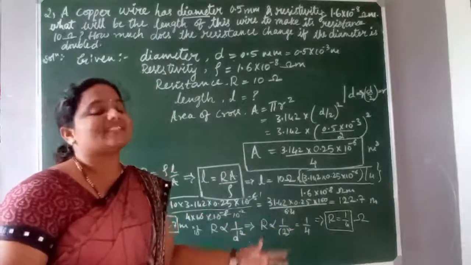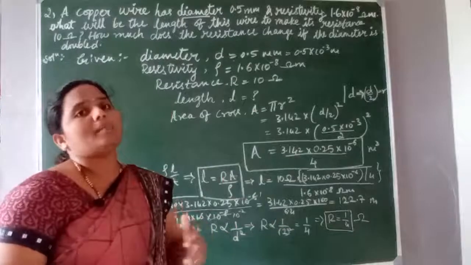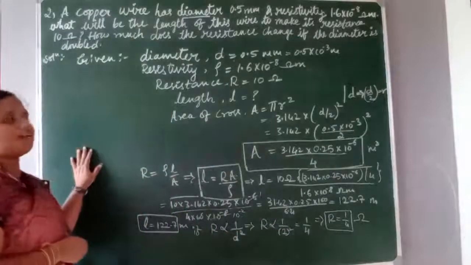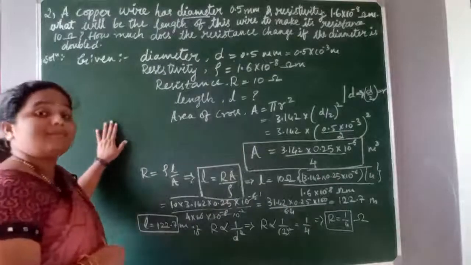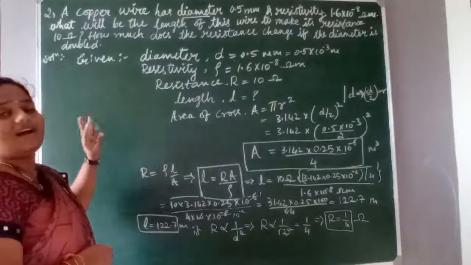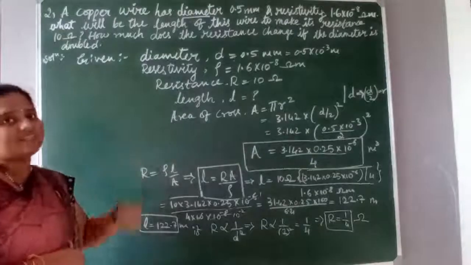So resistance is going to reduce to 1 by 4th time. Got it, children? Yes, this is a little bit complicated, but don't keep that in mind. Try to practice. Definitely you will succeed in solving this problem.